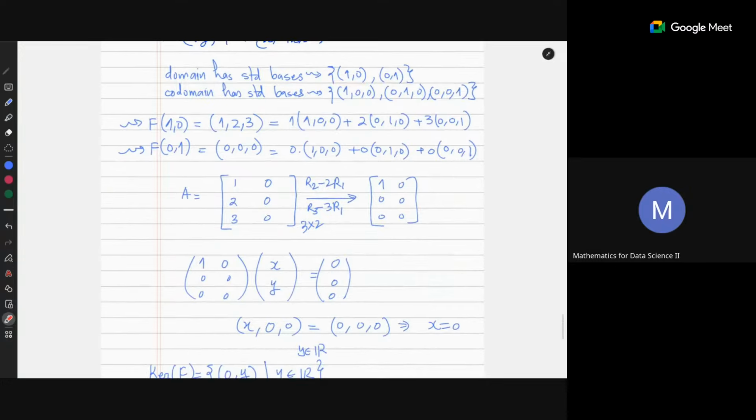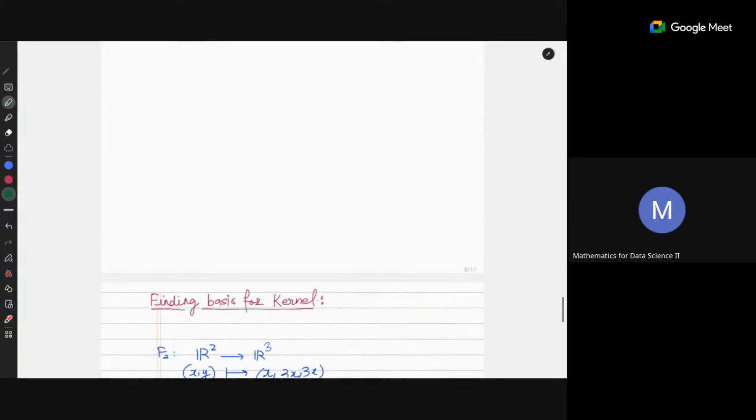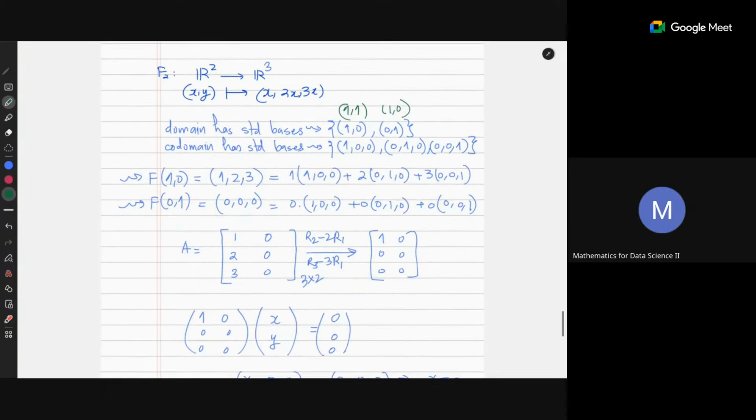So if there were some other basis, let's say 1, 1 or 1, 0, something like this, then you need to multiply that with each coordinate wise, and then you will get some vector with respect to the standard basis of R. But in this case, it is already given to be standard, so we don't need to do that. That is what I was saying. Okay, sir.